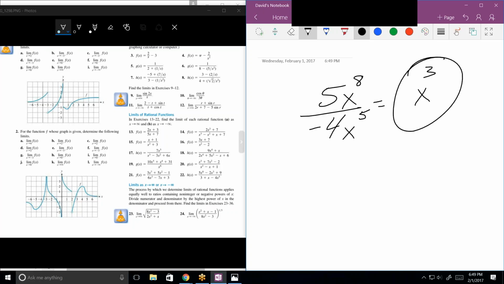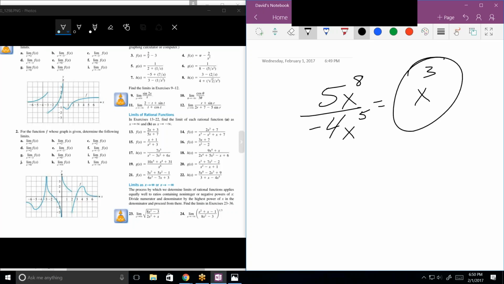Huh, interesting. I used different logic last time when I looked at this problem to figure out that it went to negative infinity. But now I'm not totally convinced that it's not reversed. In fact, I think it is.